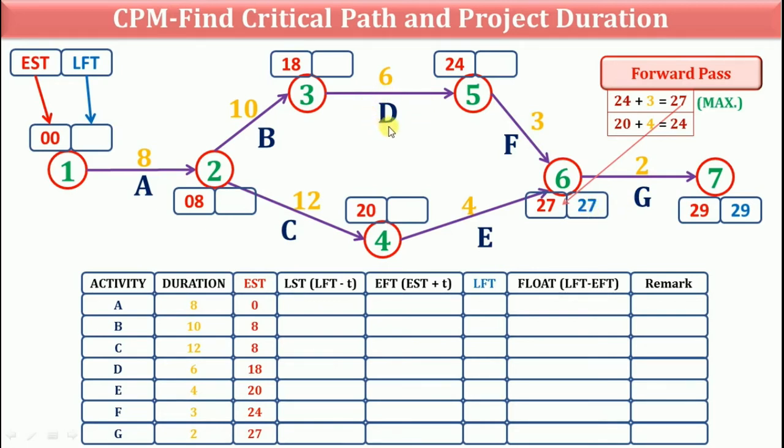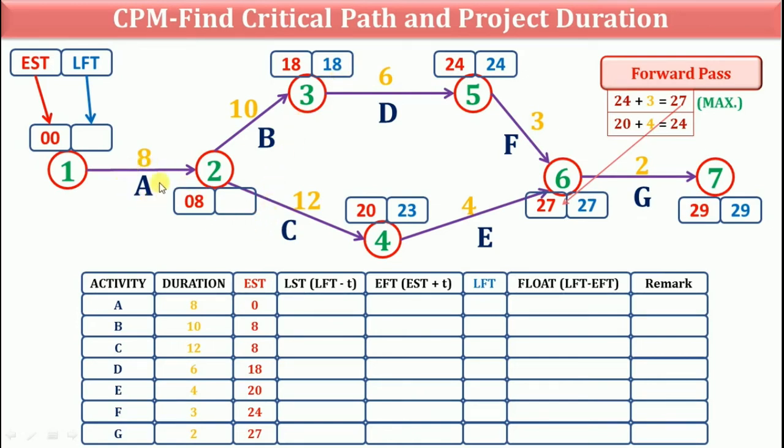Latest finish time of activity D is 27 minus 3, it is 24. Latest finish time of activity C is 27 minus 4, that is 23. Latest finish time of activity B is 24 minus 6, it is 18.